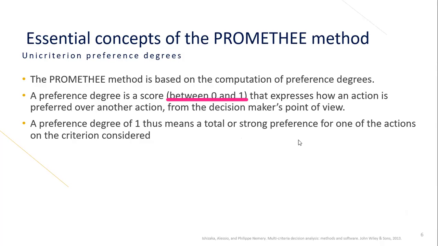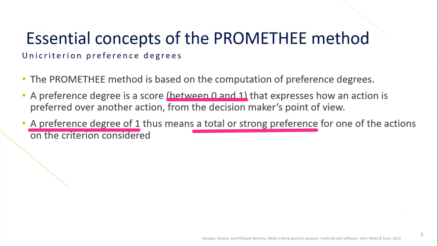Okay, the rule is explained here. You have a score from 0 to 1, right? A preference degree equal to 1 means that you have a total or strong preference. So you prefer this action compared to the other one. Then you give score 1 to that comparison.